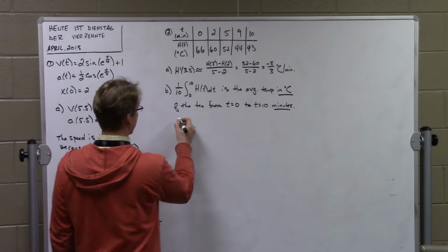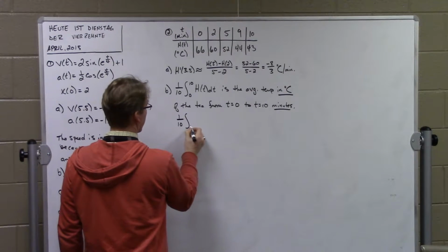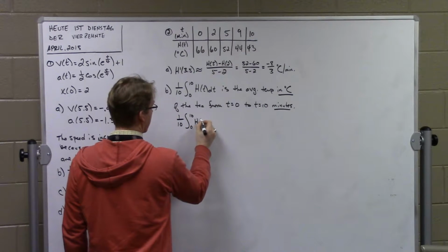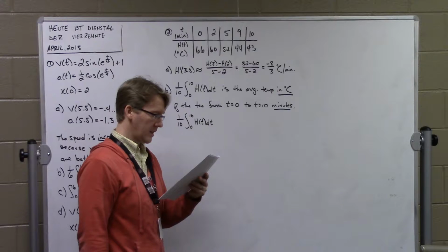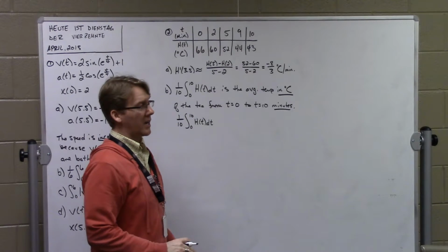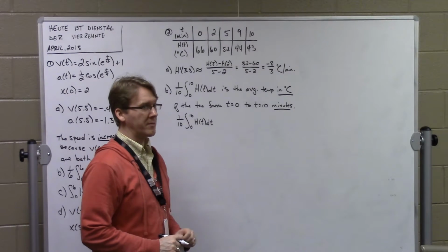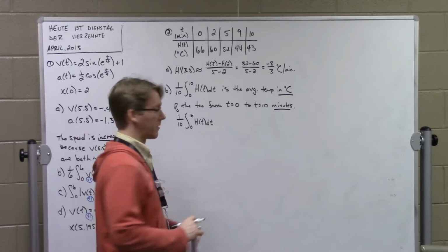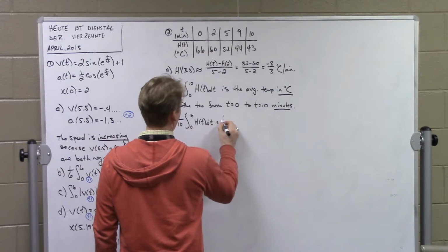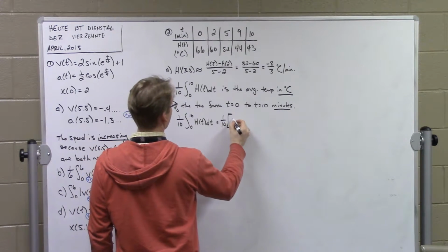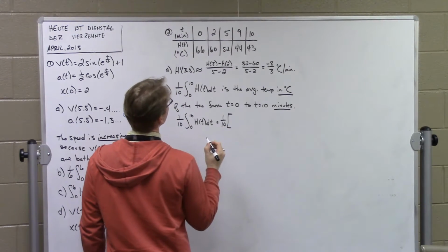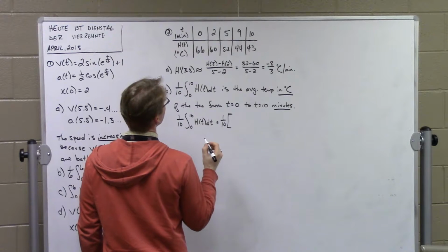All right, so let's find it. 1/10 antiderivative from 0 to 10 of H of T, using a trapezoid from the 4 subintervals indicated. And when they say indicated by the table, that probably means they're not evenly spaced. So, 1/10 bracket, 66 plus 60 over 2.